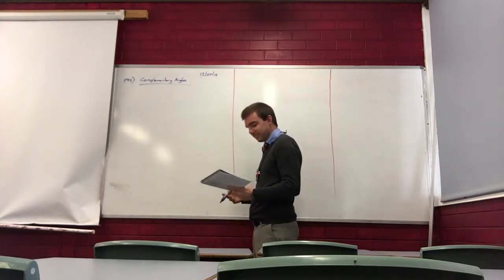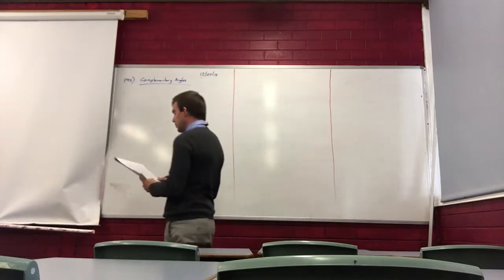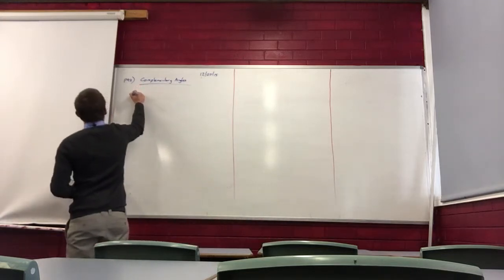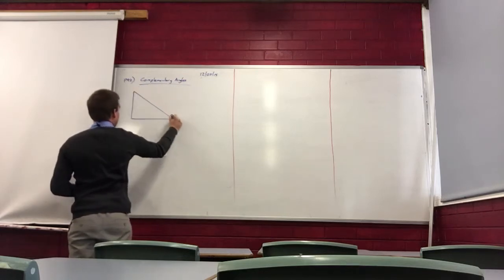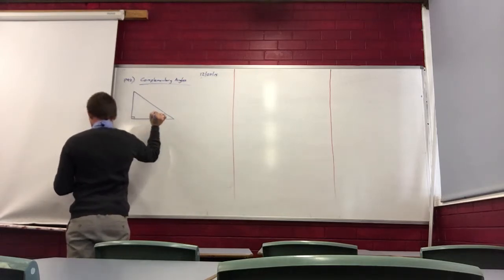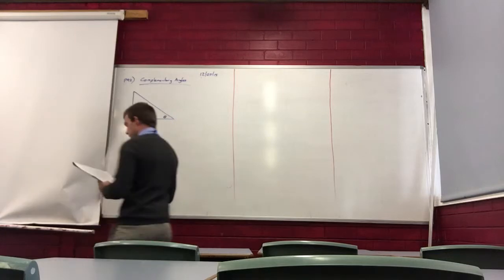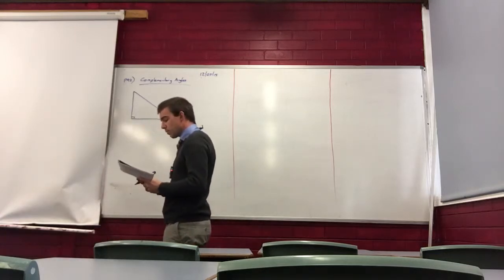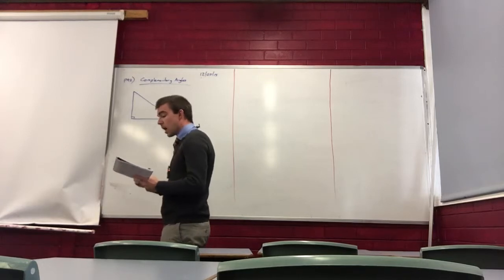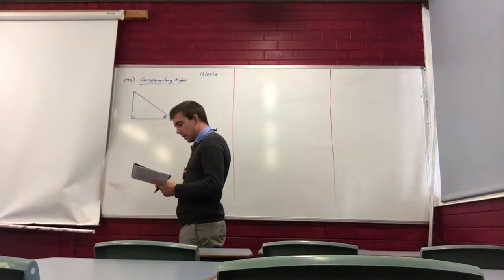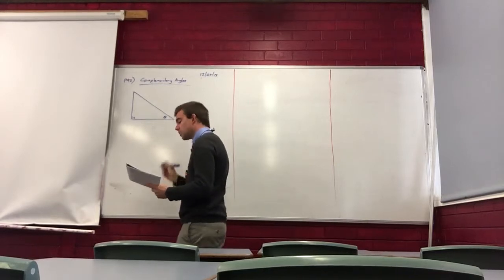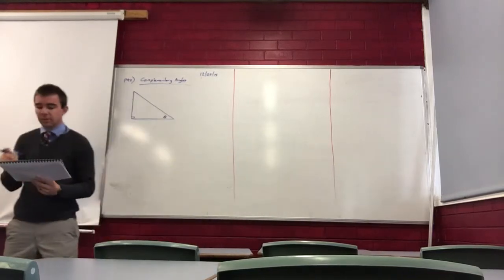Thank you. Alright, so looking at complementary angles. We've got the diagram here, so you can draw straight onto the diagram in your theory note. We've got theta here. Let's label those three sides of that triangle with respect to theta.